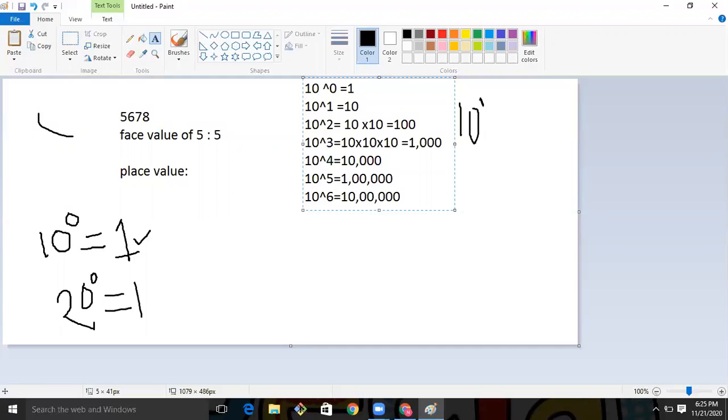Very good. So what is the value? దీని ఏమంటాం చెప్పండి? What is the value?